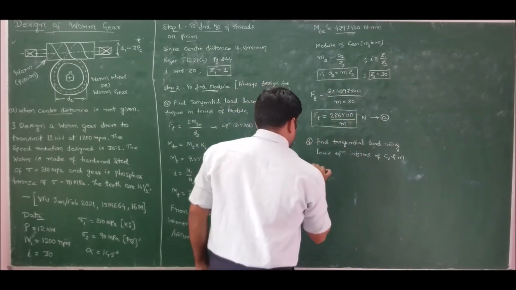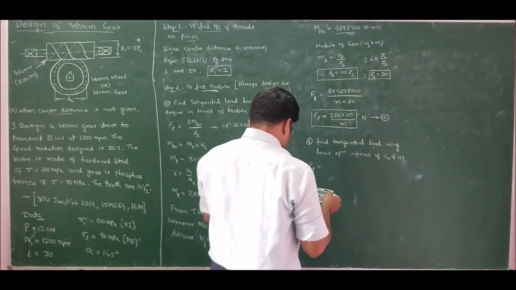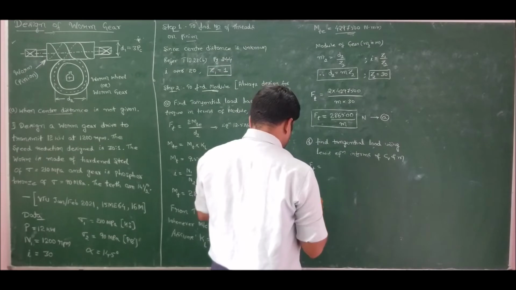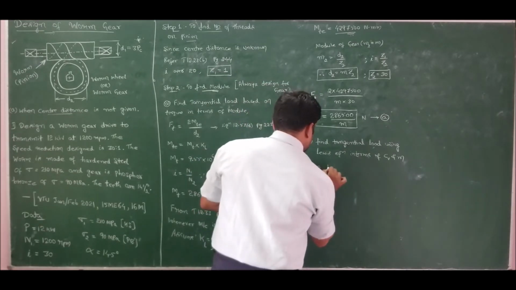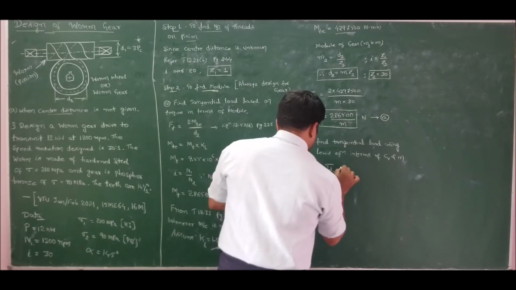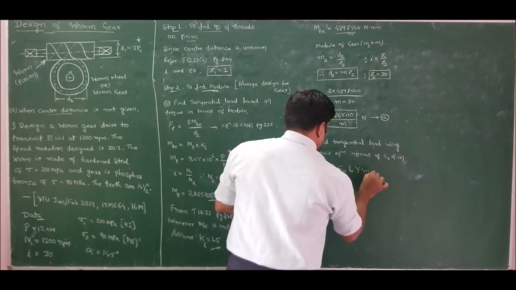So we know that the Lewis equation is given by Ft is equal to sigma d2 CV B by m.